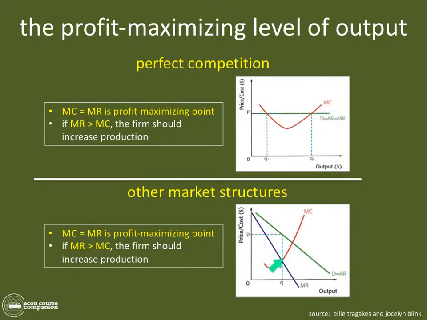Okay? So the profit maximizing level of output is a critically important thing to be able to find, and it's always in both market structures where MC equals MR. You're looking for the quantity though, remember? It's the level of output, okay? And the level of output is most critical, and it's always where MC equals MR.